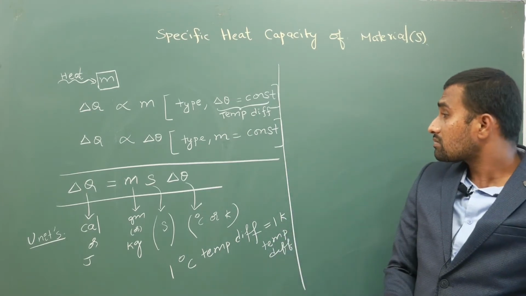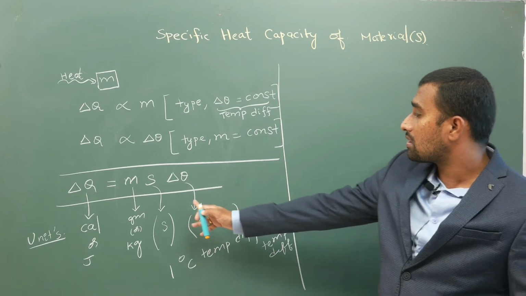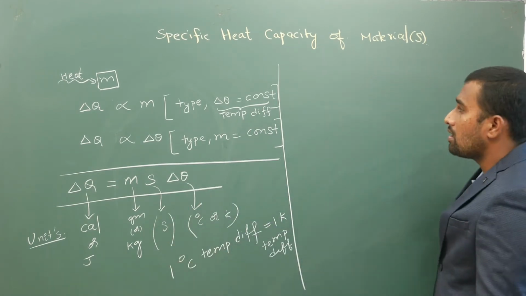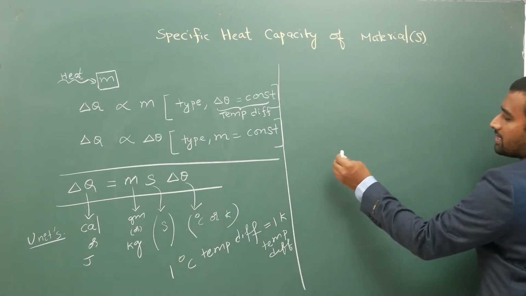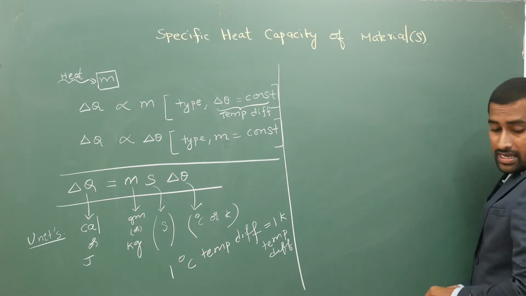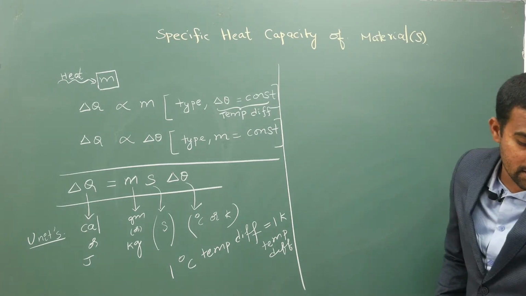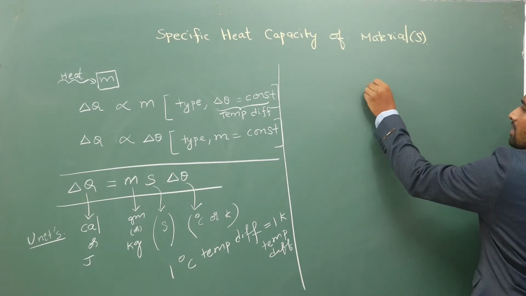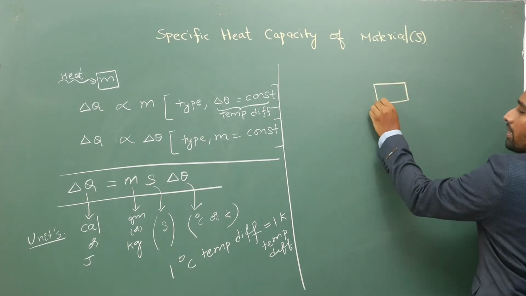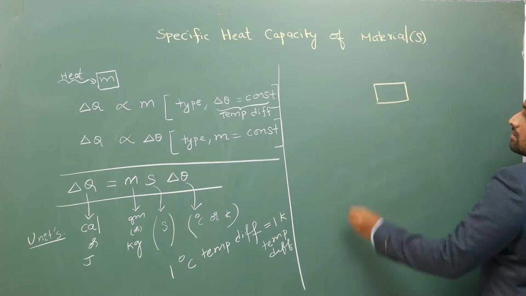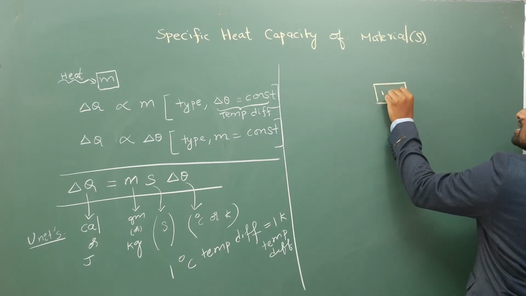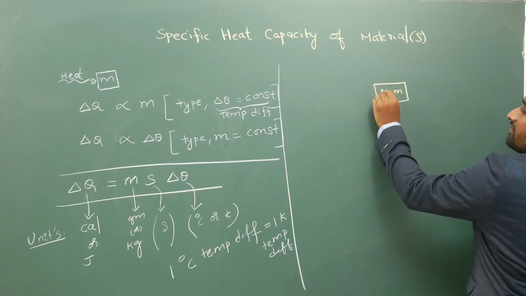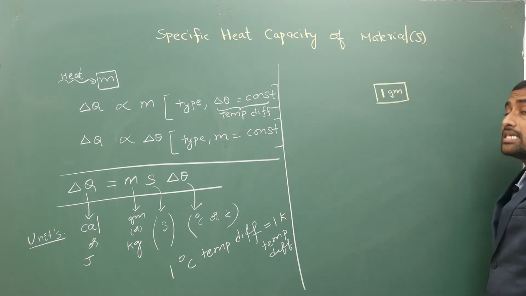Now, from this expression, specific heat capacity can be defined logically like this. In the books the definition is given for a material whose mass is 1 gram, if you are defining in terms of CGS unit.